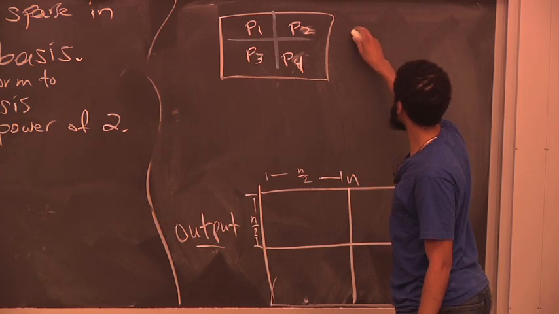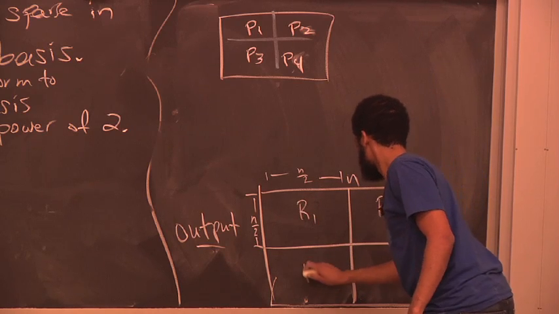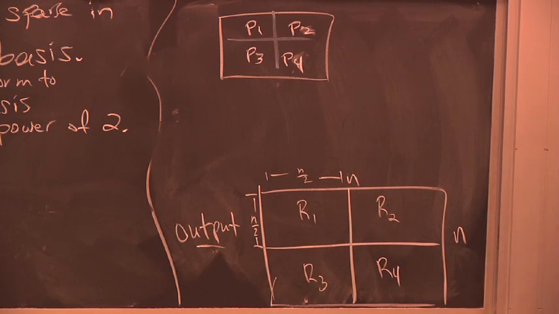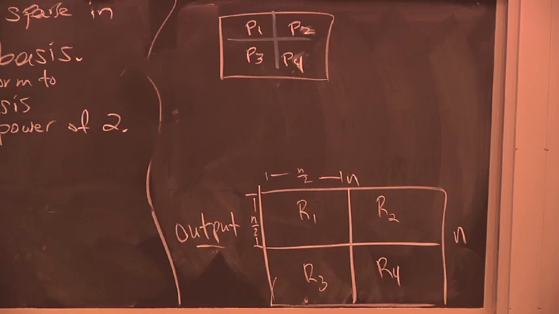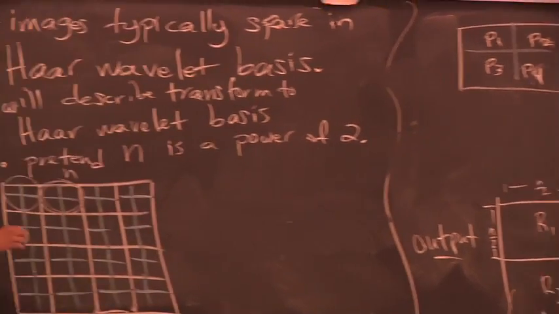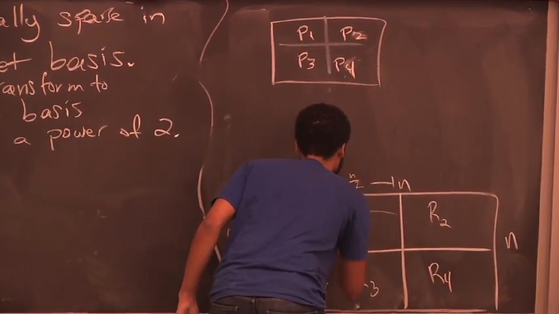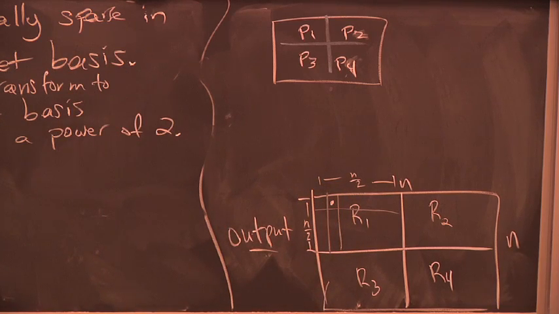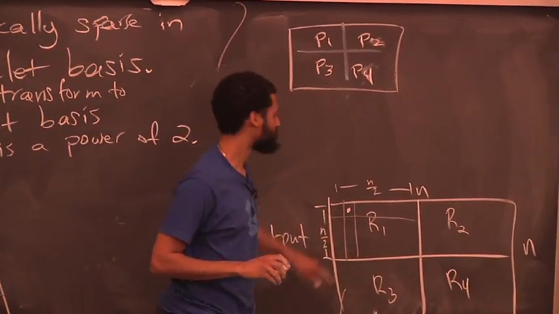Let's say this is region 1, region 2, region 3, and region 4. Say it's this block right here, which corresponds to this pixel right here, the second thing in the first row. So those 4 pixels are going to get collapsed down to 1 pixel.